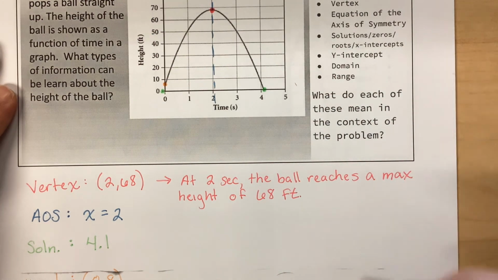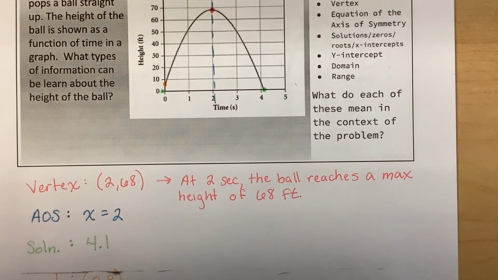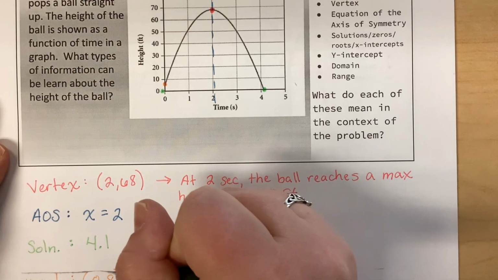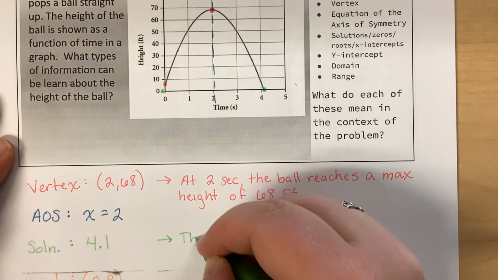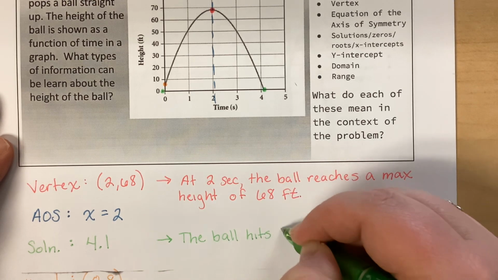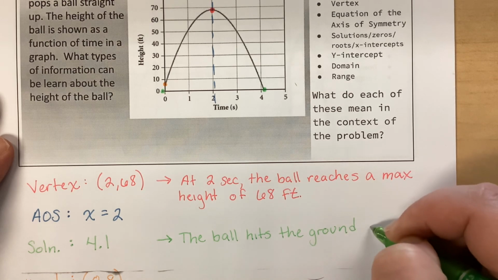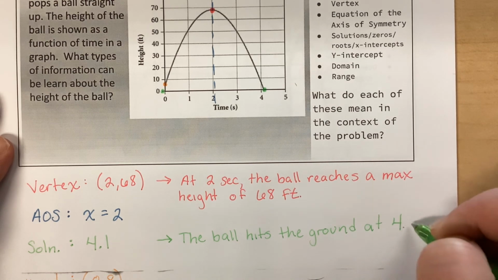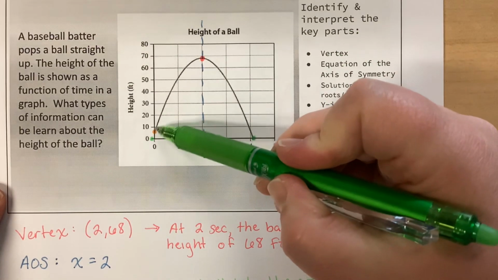The axis of symmetry we don't talk about too much in the context of the problem, so we'll skip over that one. The solution, 4.1, means that the ball hits the ground at 4.1 seconds. So the batter hits the ball, it goes up, up, up.